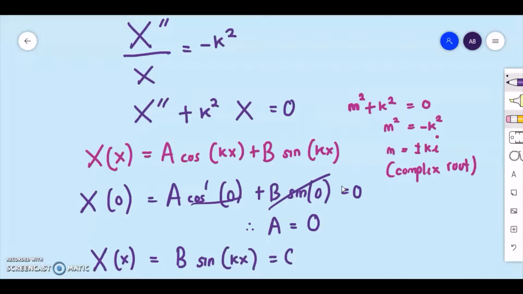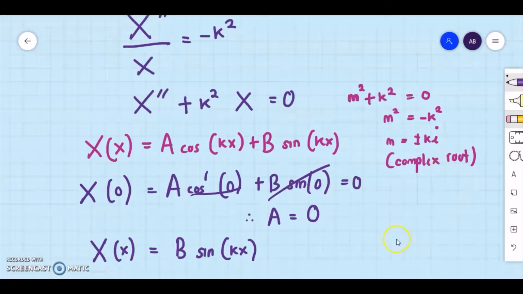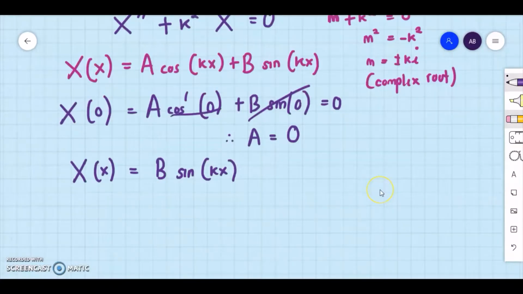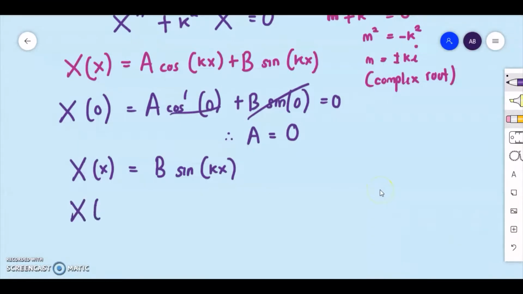Now we want to consider when x equals L. So the second boundary condition at x equals L will be B sine kappa L equals 0.